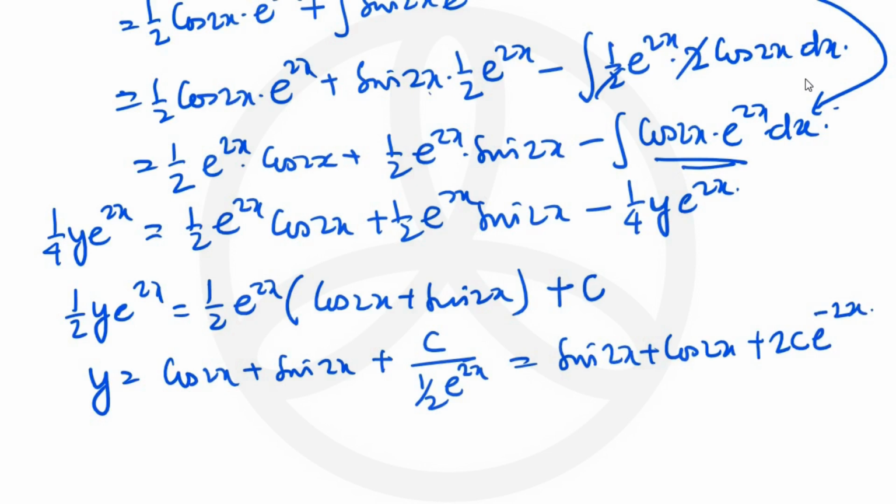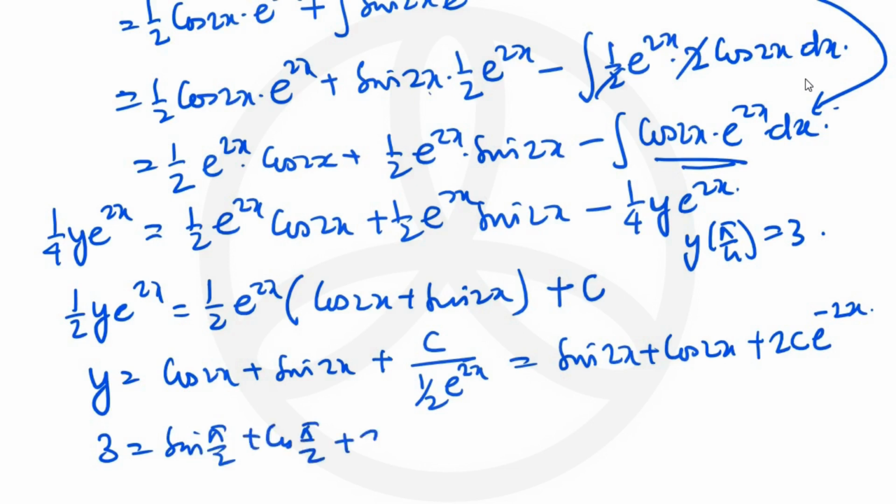Now what is the initial value? The initial value says at x is equal to pi over 4, the value of y is 3. So we keep it here: y is 3, sin 2 pi over 4 is actually sin pi over 2, and this will be cos pi over 2 plus 2c e to the power minus pi over 4 multiplied by 2, which will be minus pi over 2.